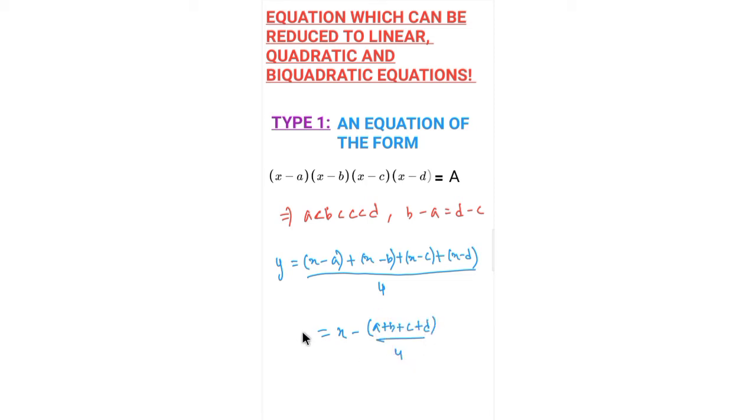This is basically x minus (a + b + c + d)/4. This is your new term: y = x - (a + b + c + d)/4. This is what you can introduce.